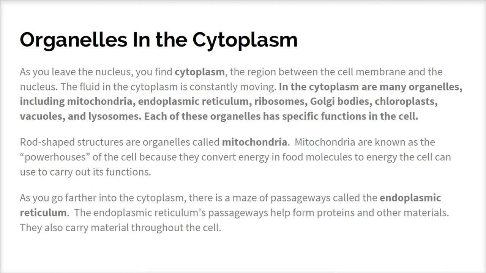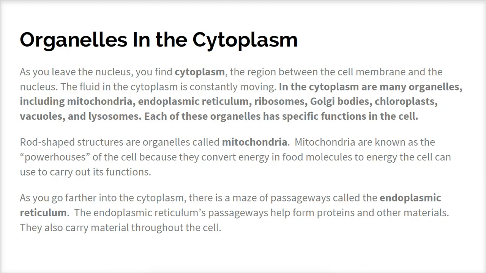Organelles in the cytoplasm. As you leave the nucleus, you find cytoplasm, the region between the cell membrane and the nucleus. The fluid in the cytoplasm is constantly moving. In the cytoplasm, there are many organelles, including mitochondria, endoplasmic reticulum, ribosomes, Golgi bodies, chloroplasts, vacuoles, and lysosomes.